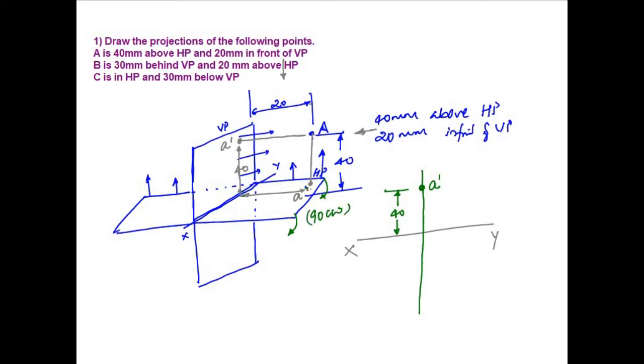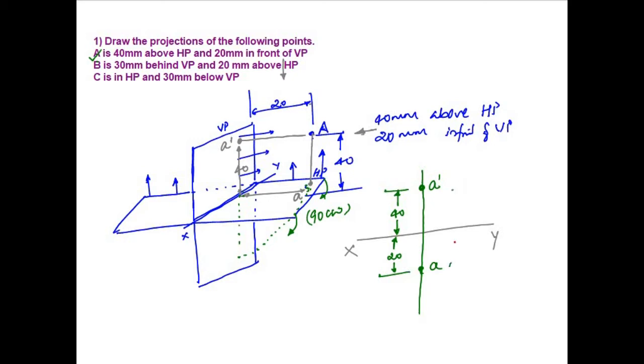When this rotates 90 degrees clockwise, obviously the point also rotates 90 degrees clockwise, with this radius. This is 20, so at a distance of 20 I will mark my A. These are the final projections of point A, A dash and A.